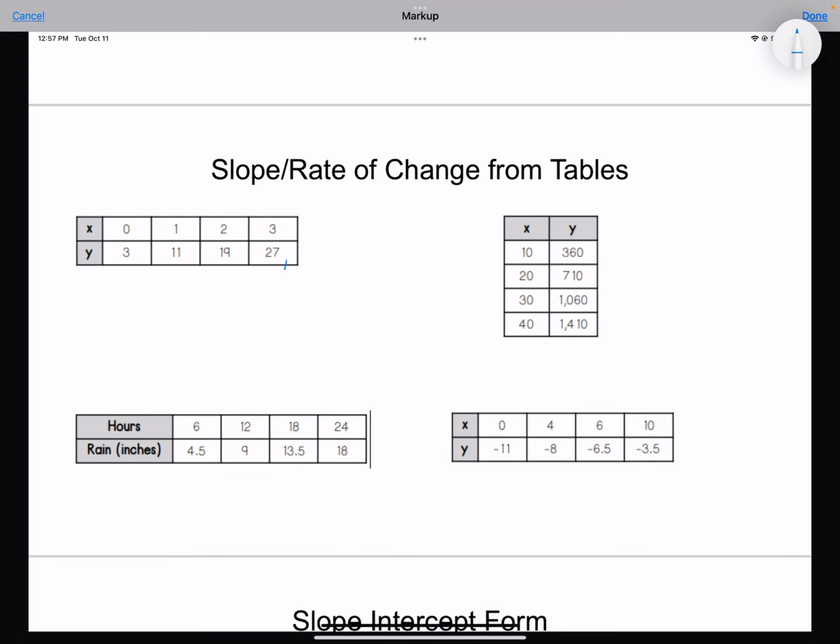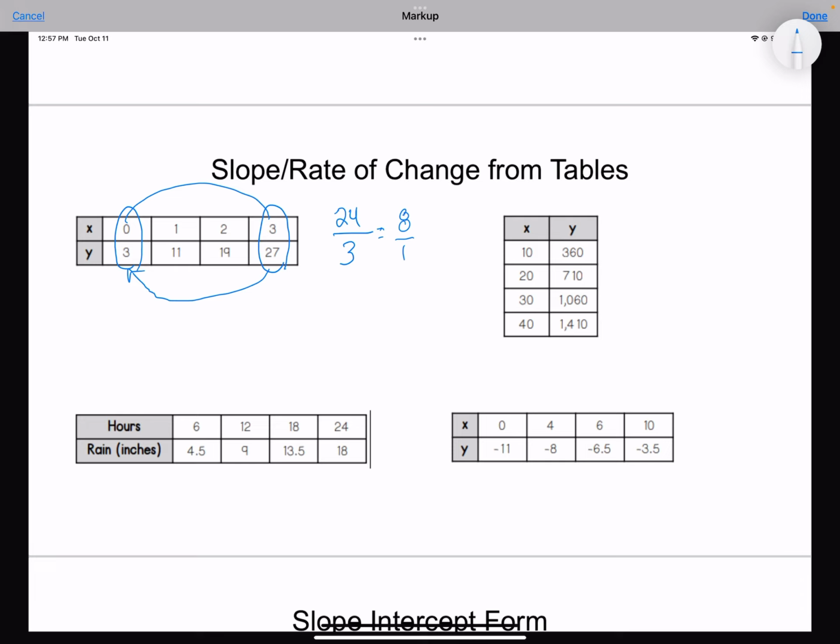I'm going to pick this point, and I'm going to pick this point. You can do any two. I'm always going to subtract my y. So 27 minus 3 is 24. That always goes on top. 3 minus 0 is 3. That always goes on the bottom because it's x, and that reduces to 8 over 1, or just 8.